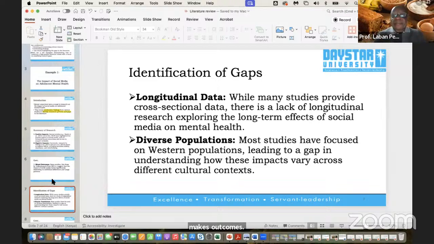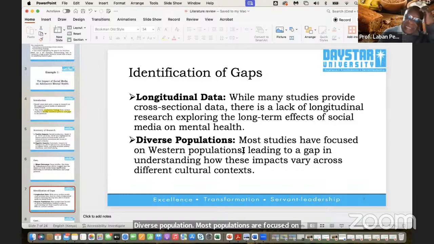Identification of gaps. The longitudinal data: while many studies provide cross-sectional data, there is a lack of longitudinal research exploring the long-term effects of social media on mental health. Diverse populations: most studies focus on Western populations, in other words, the North, leading to a gap in understanding how these impacts vary across cultural contexts.